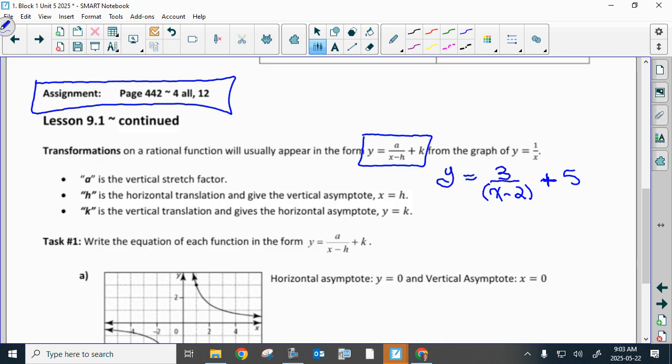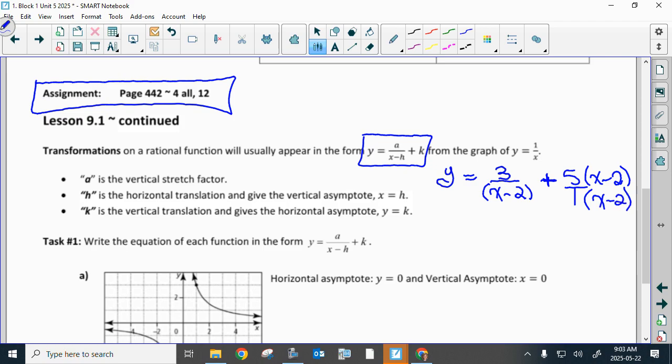Why wouldn't I want to make this look like polynomial over polynomial? So I can see that this is a vertical stretch by a factor of 3 from the x-axis. This is a horizontal translation right 2. So h is always attached to the x wherever the x is. And then k is always that last number, the vertical translation up 5. But if I wanted to graph this, I would just get a common denominator here.